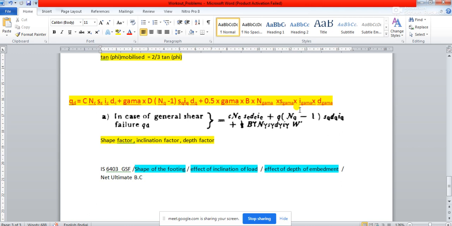When the soil is submerged, ideally the unit weight of the soil needs to be reduced.